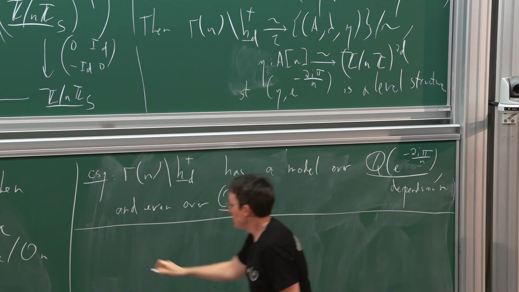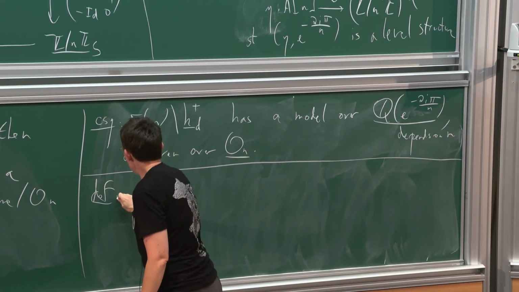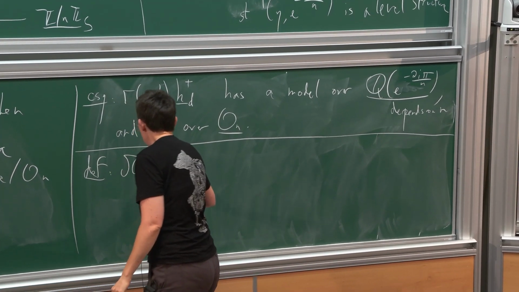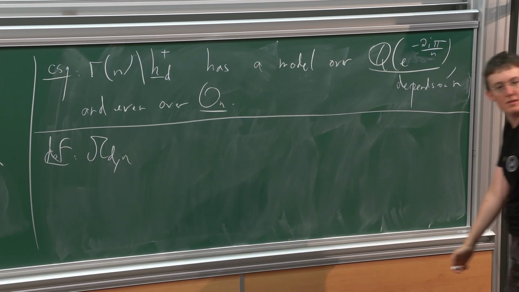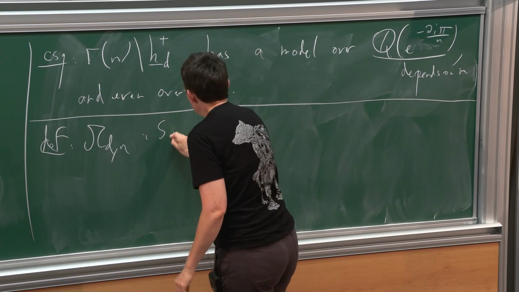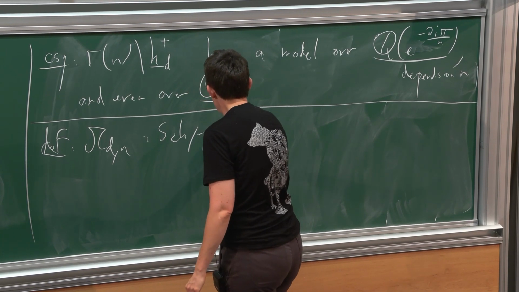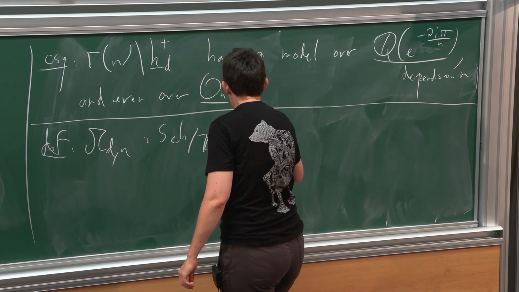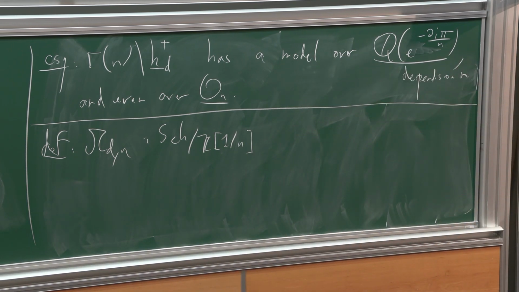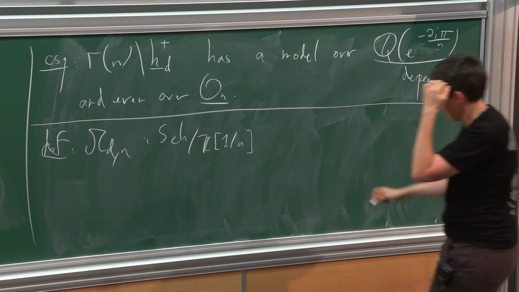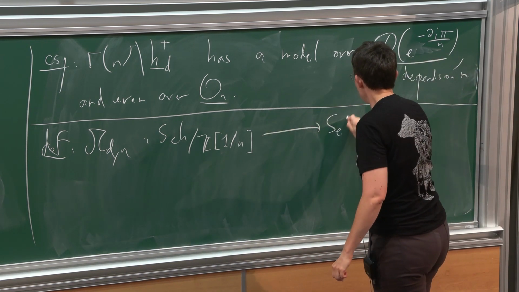Okay, so this is the actual moduli problem that I care about, so that's why it doesn't have a prime. And okay, I'm going to define it. So I can't really get around inverting n if I want level structure to exist. So I'm going to define it over Z[1/n].